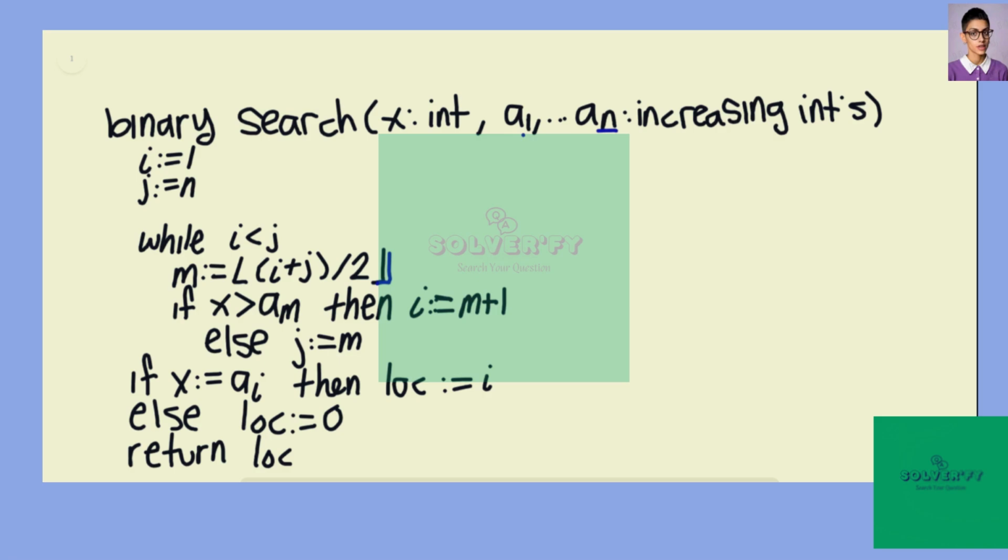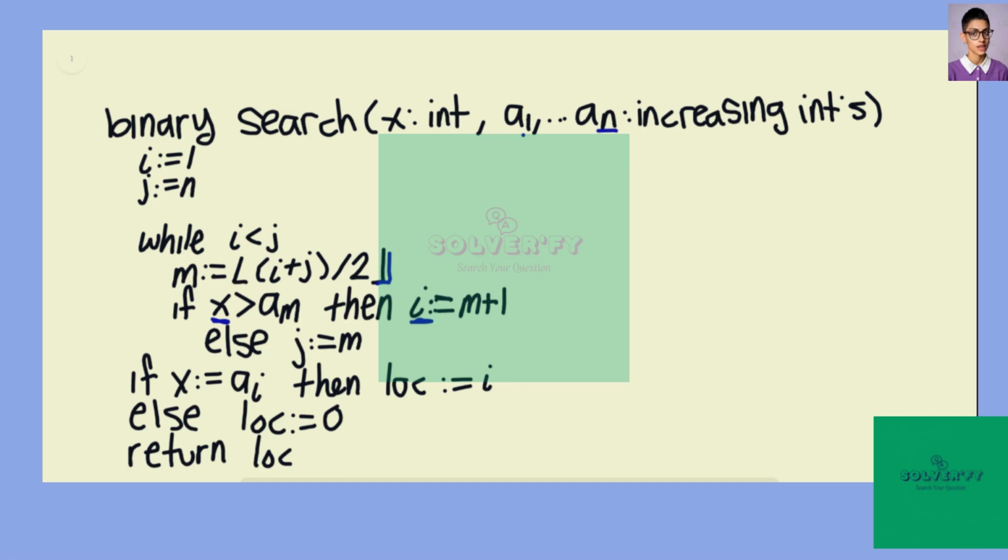So we take the floor of roughly halfway, and we check to see if our search value is greater than the number at the halfway index. And if it is, then we're going to set our left endpoint, left search interval over. So we're going to next only search the right half of the list.